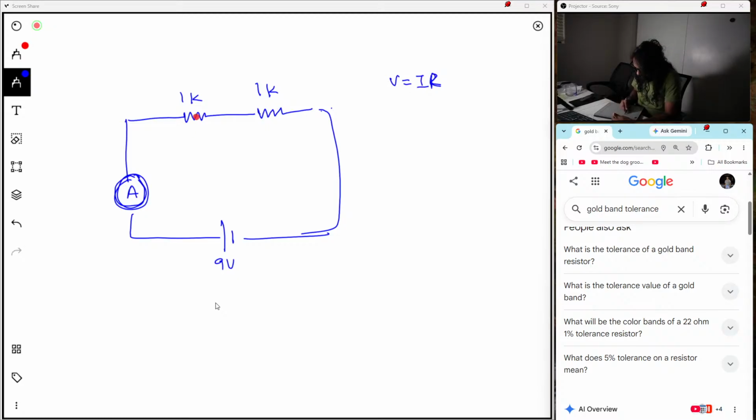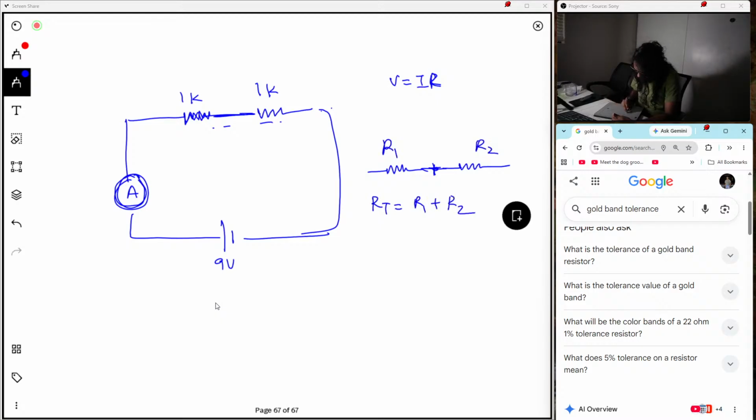When there are two resistors cascaded end to end like this, they can be combined. If you have a resistor plus another resistor, the overall impact of this connection will be the combined resistance. So R total will be R1 plus R2. Is that clear?